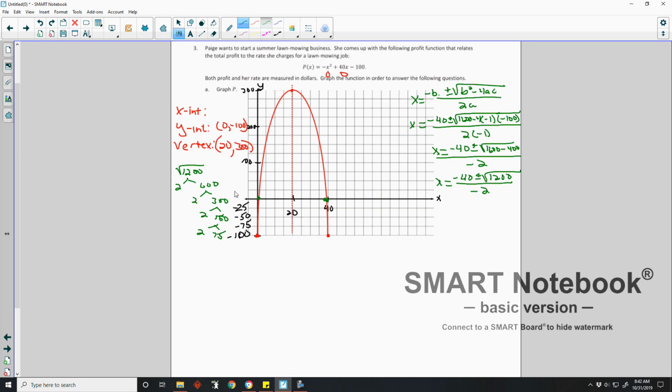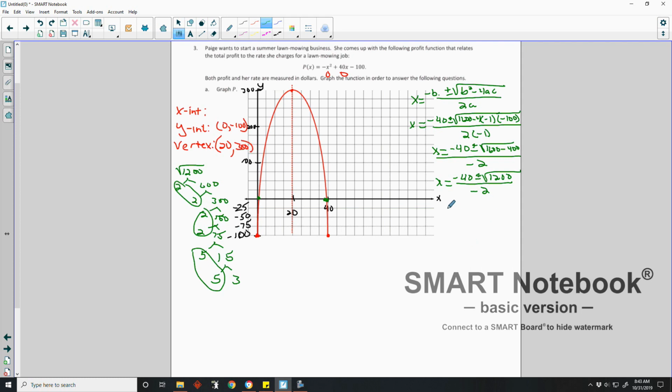So I got to keep going with this, now 2 won't go into this, but 5 will. 5 goes into 75, 15 times, 5 goes into 15, 3 times, so let me just put it as 5 times 3. Okay, so we have a pair of 2's, we have a pair of 2's, we have a pair of 5's. 5 times 2 is 10, times 2 is 20.